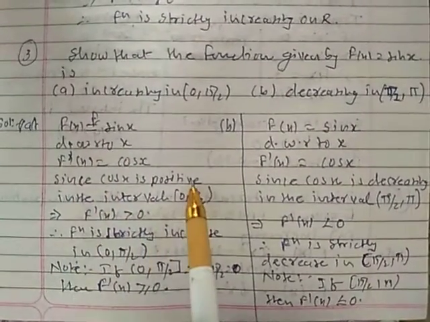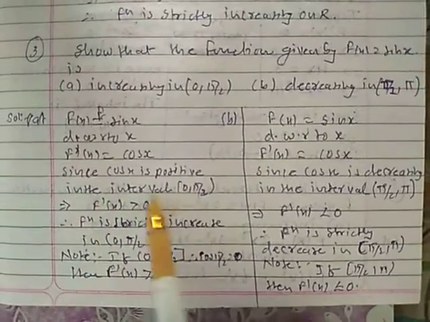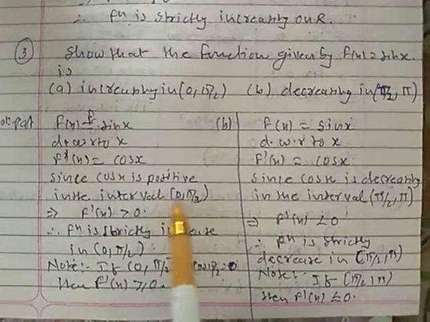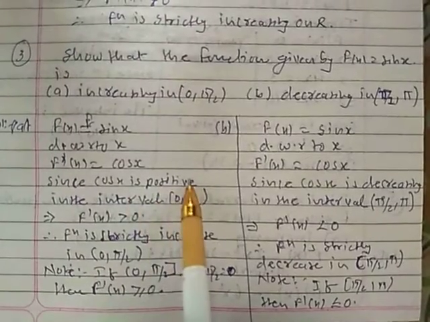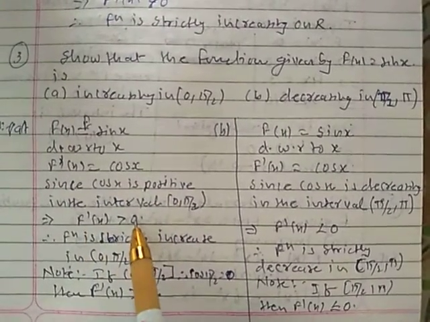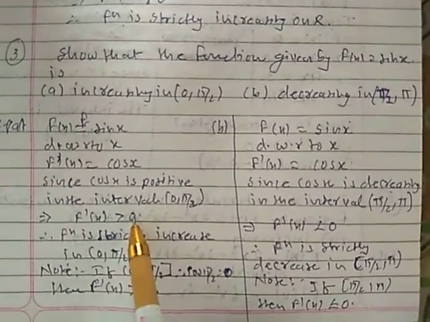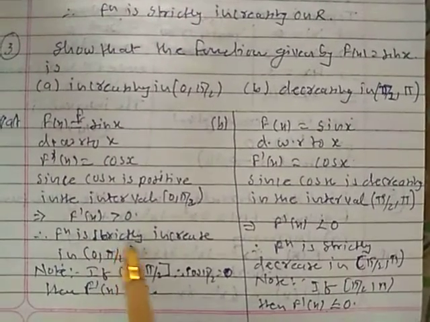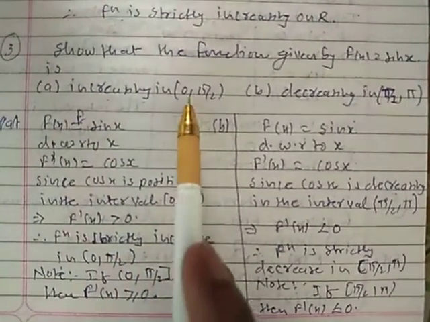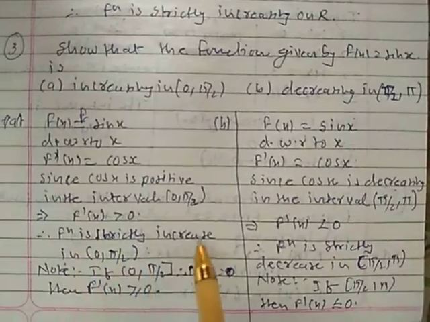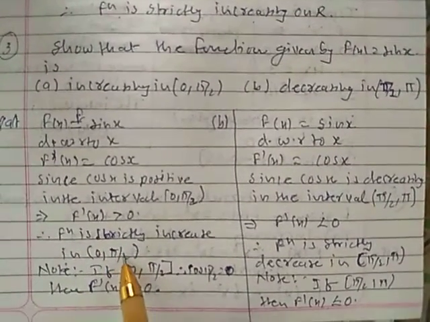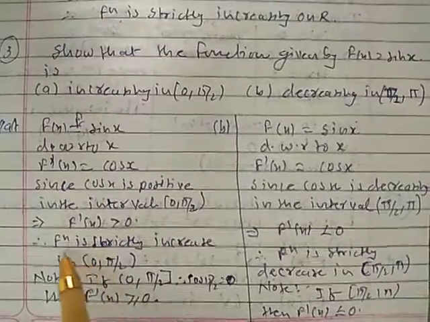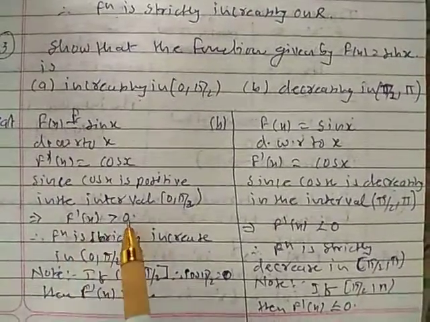Since cos x is positive in the interval 0 to pi by 2, the first quadrant, f'(x) is greater than 0. Since the function is increasing in the interval 0 to pi by 2, therefore the function is strictly increasing.